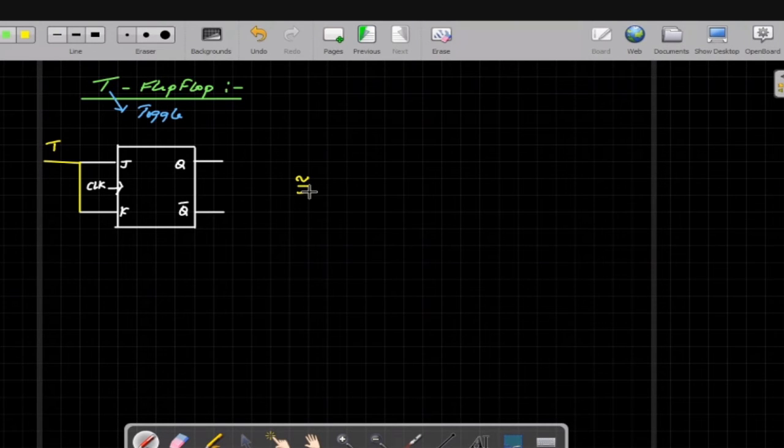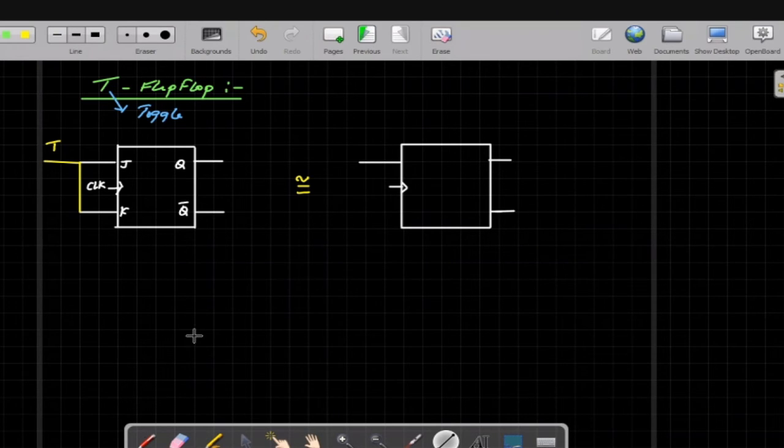Sometimes in block diagram representation, the T flip flop is represented like this, with only one input terminal T, one clock input terminal, and two output terminals.